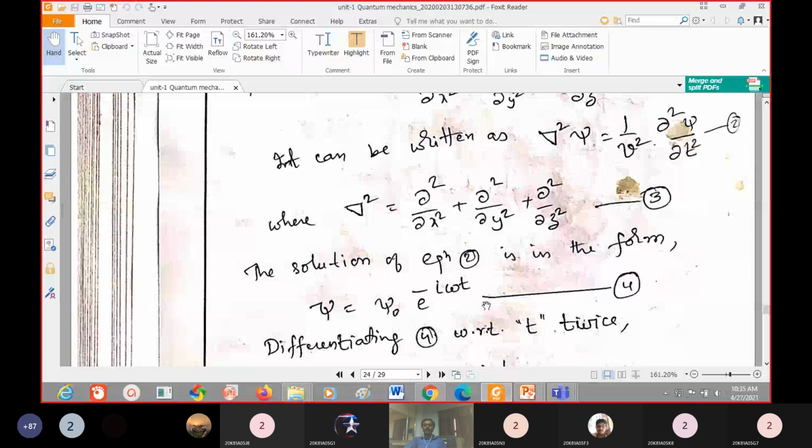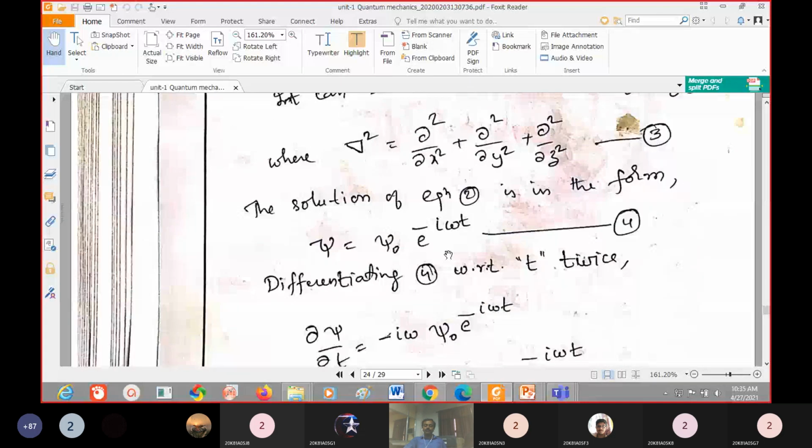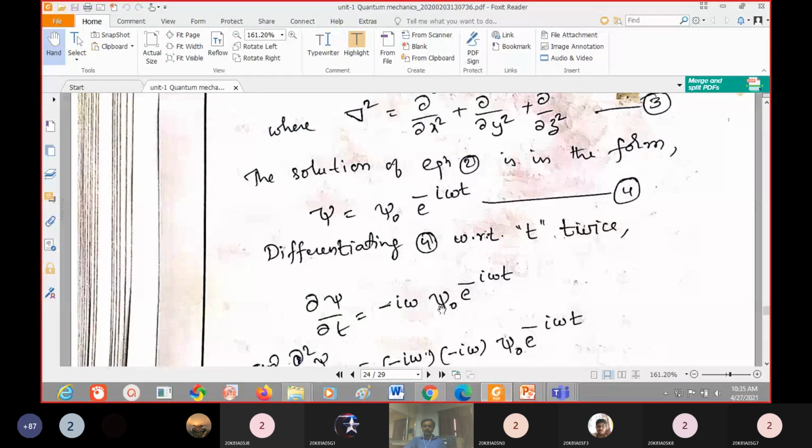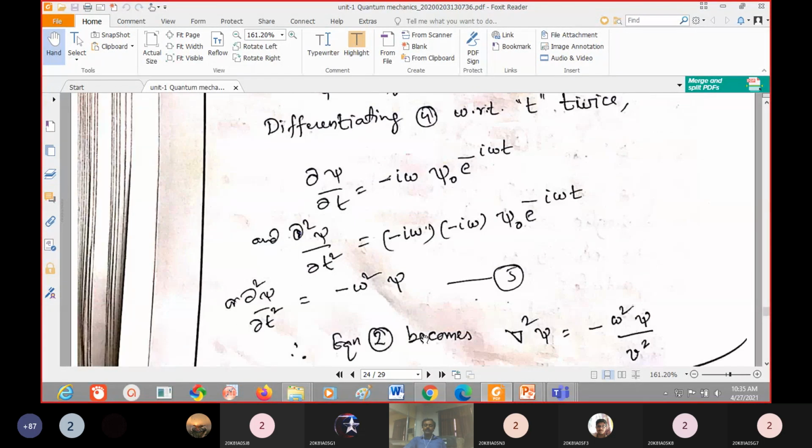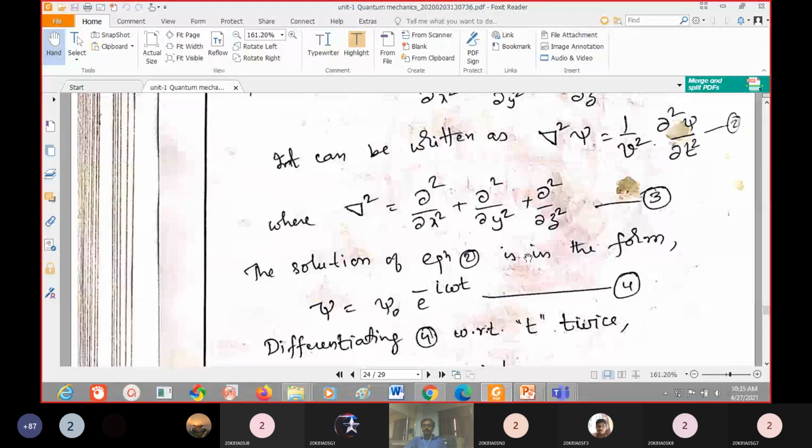If we differentiate with respect to t two times, finally we will get dou square psi by dou t square equal to minus omega square into psi. Let us take this as equation number 5. Substitute this equation number 5 in equation number 2. What is the equation number 2?